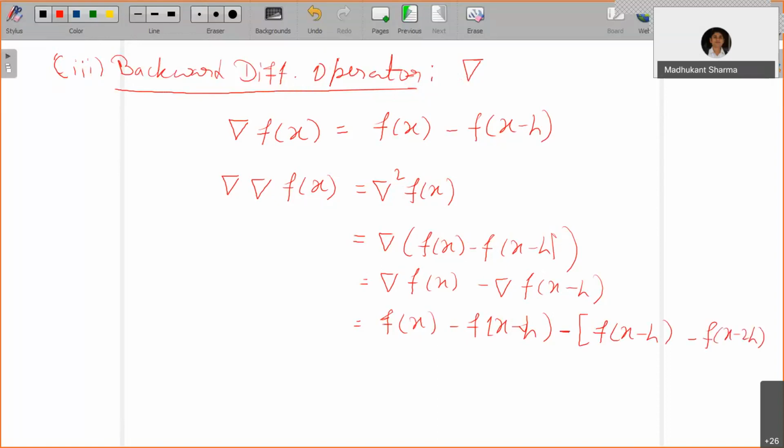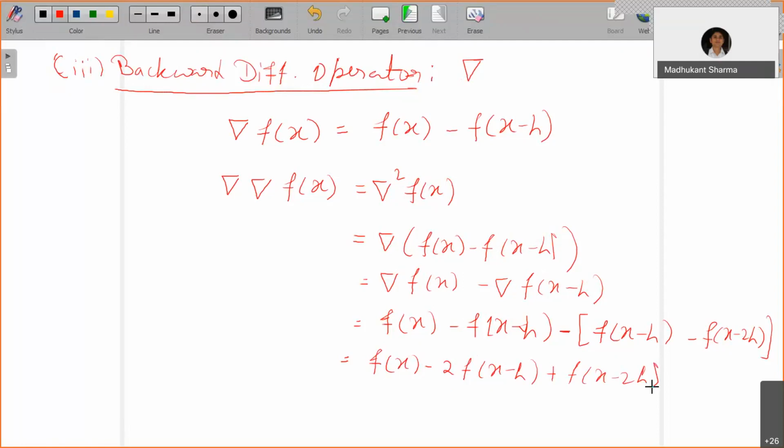The present value minus the previous value. And if you operate that, it is equal to f of x minus 2 times f of x minus h plus f of x minus 2h.